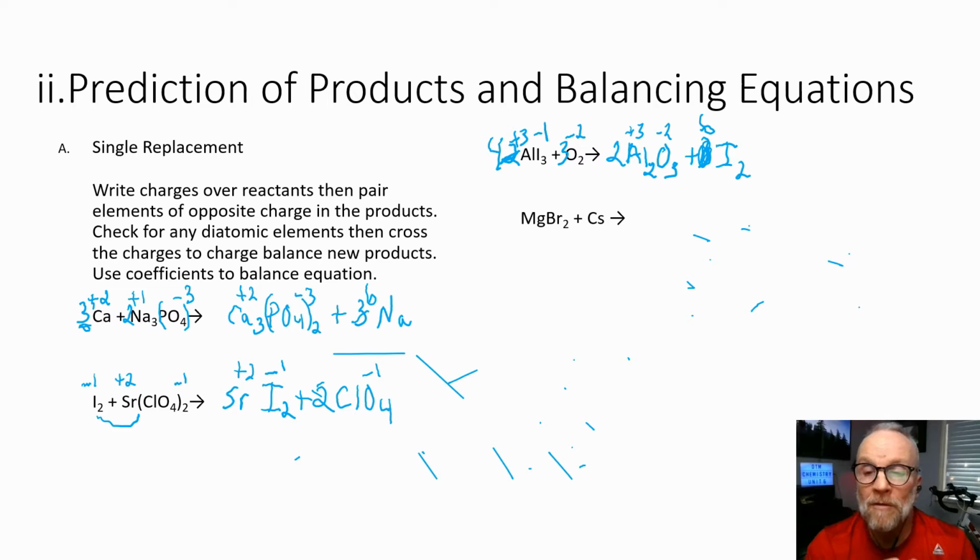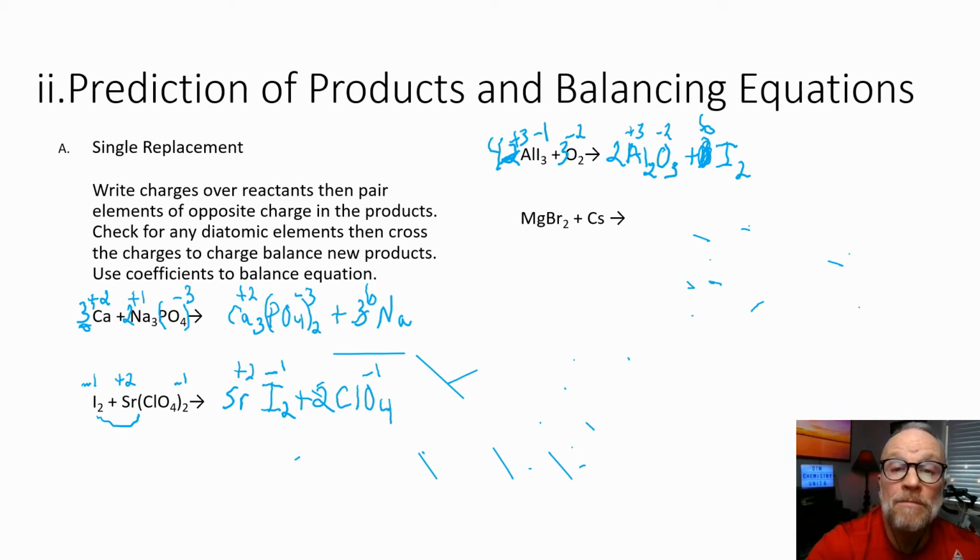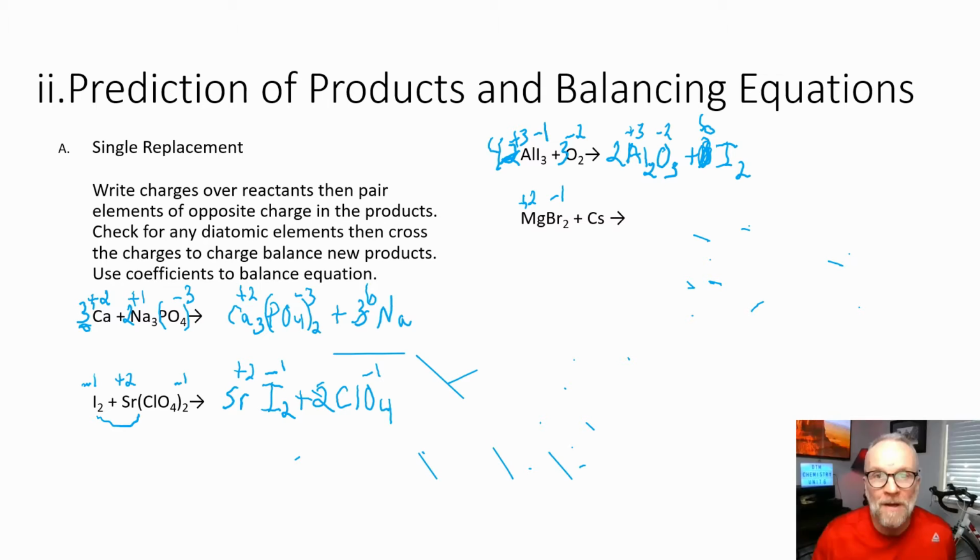All right, so let's hope this one's a little easier. But let's see, we got magnesium, which is +2 in group 2, bromine, -1, cesium. Okay, so cesium is -1. Always have your periodic table next to you guys. All right, so now let's see what we can do with the products here.